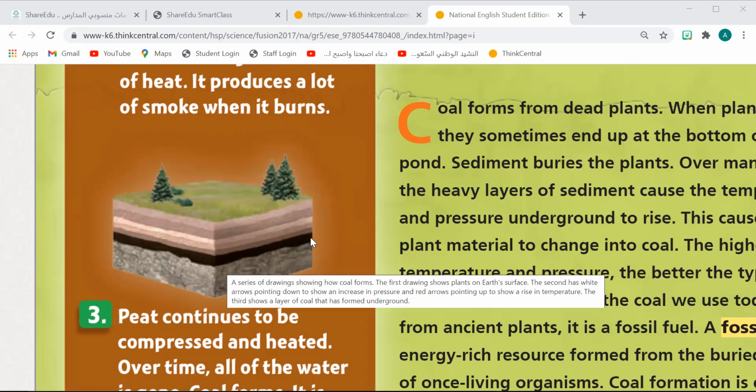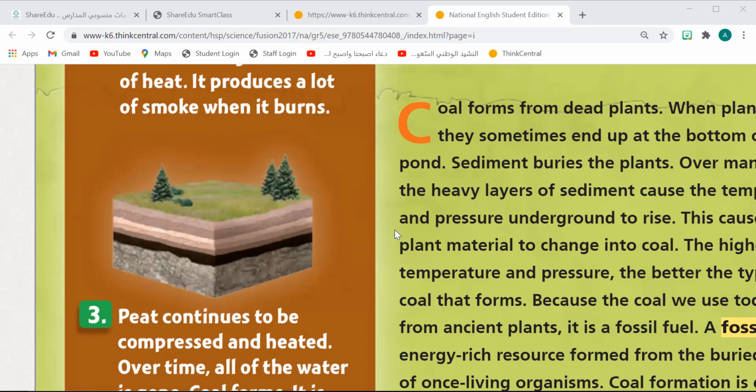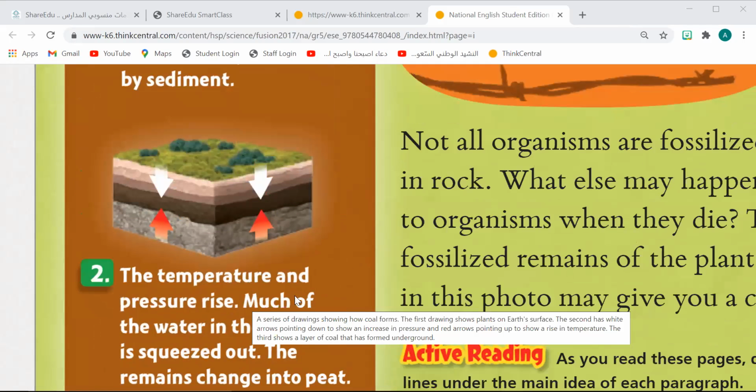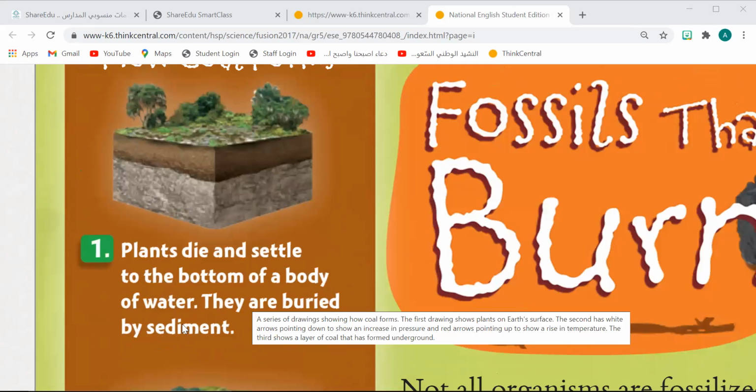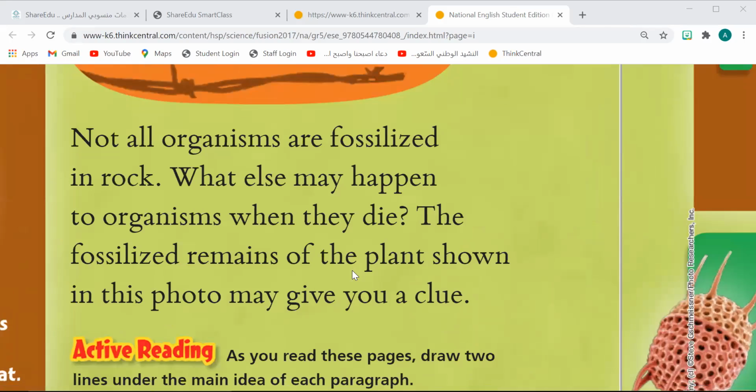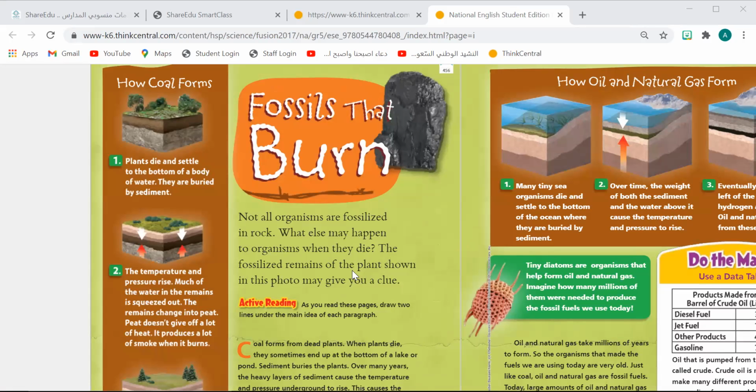Now, you know that people mine and dig down deep, in the desert and the oceans. Why? They try to find fossil fuel. Why do we call them fossil fuel? Because they are made of what? Coal and peat were made first of all by fossils.